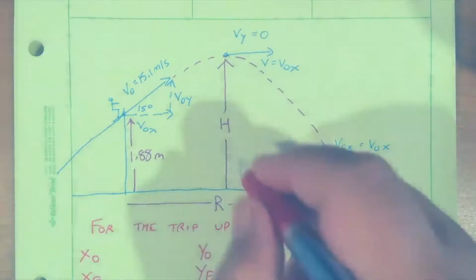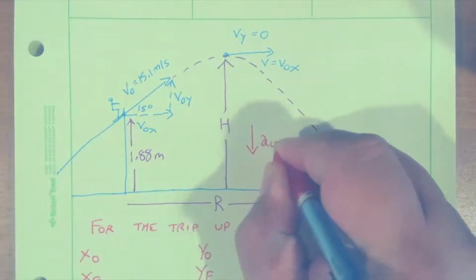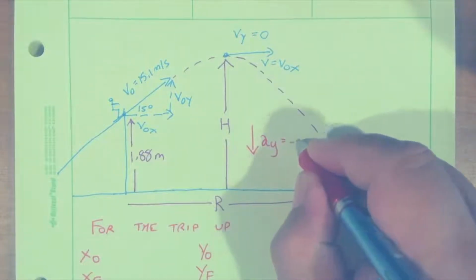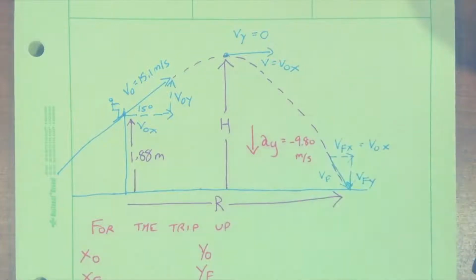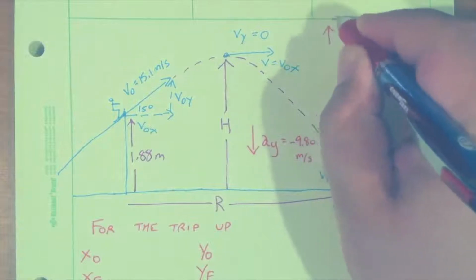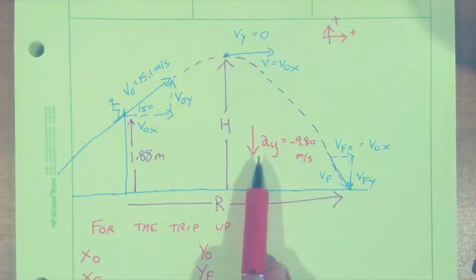And so that means the only acceleration that she will experience is in the y direction, and it is going to be negative 9.8 meters per second squared. If we call upward positive and forward positive, then this downward acceleration is going to be negative.